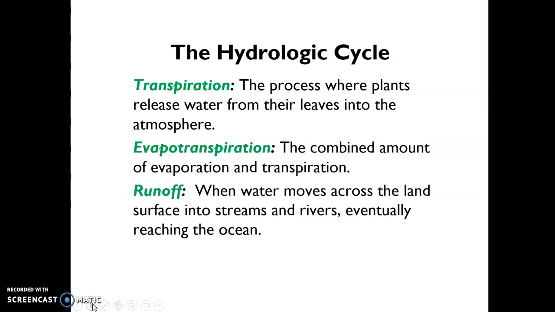When we take out those trees which release water from those leaves, we are again impacting the water cycle. We're making the atmosphere less watery, less humid, for example, and that affects the hydrologic cycle as well. Okay, so evapotranspiration is the combination of evaporation and transpiration.